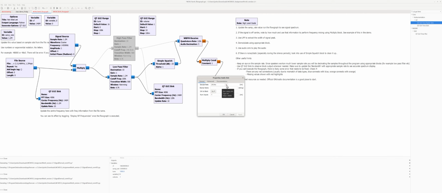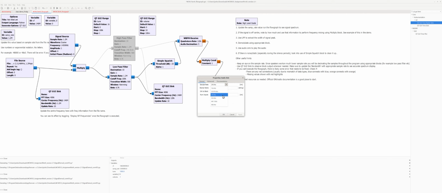In order to actually get an audio sound out of whatever we're processing, we must remember that the maximum frequency that a computer speaker can actually produce is 48 kilohertz. Anything higher than that, you will not be able to hear on the computer.